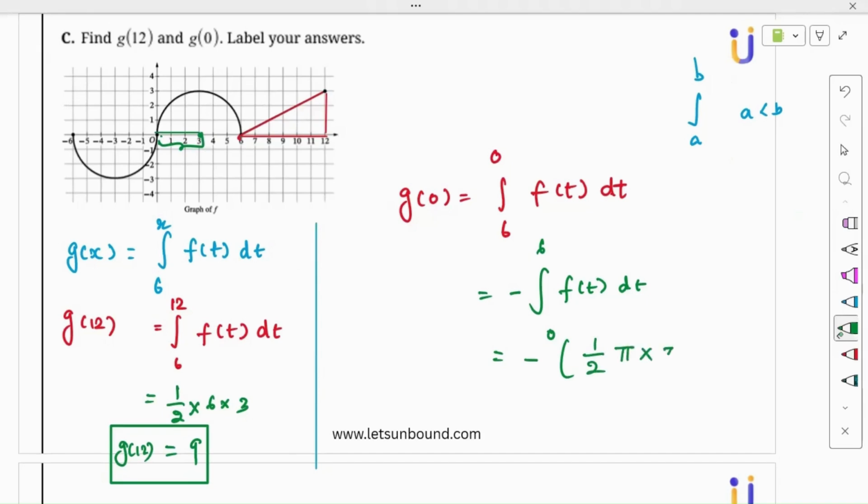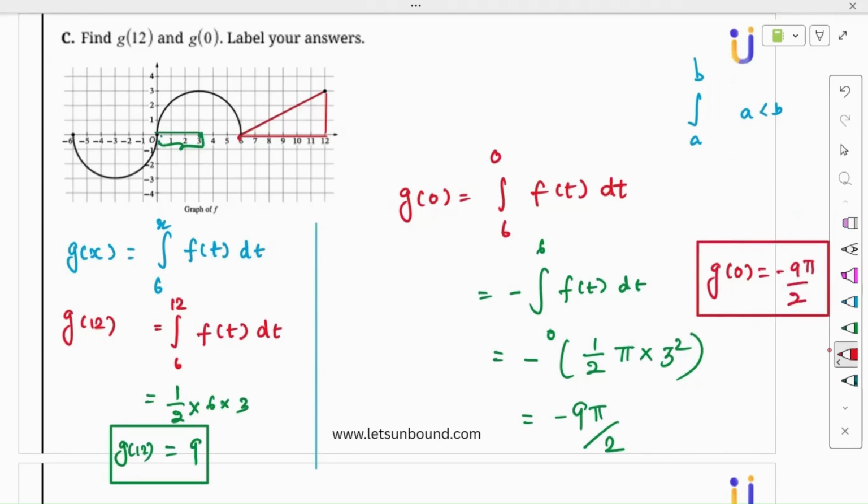R is 3 here, so 3 squared. And that's it, negative 9 pi by 2. It's not positive 9 pi by 2, so be more cautious. Do the steps properly. Otherwise, even if you follow all this and forget to manipulate this sign, you will get it wrong. So G of 0 is negative 9 pi by 2.